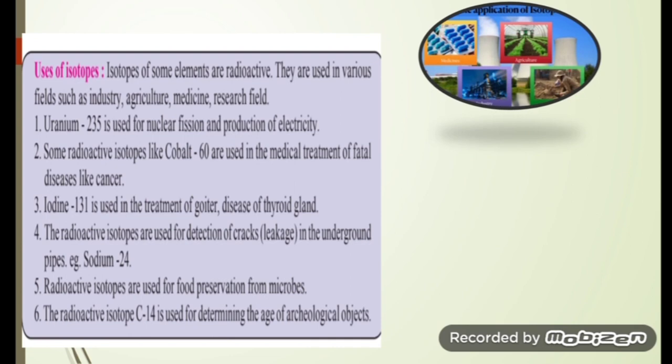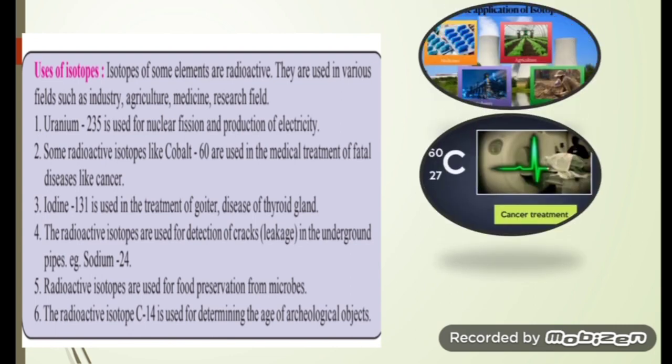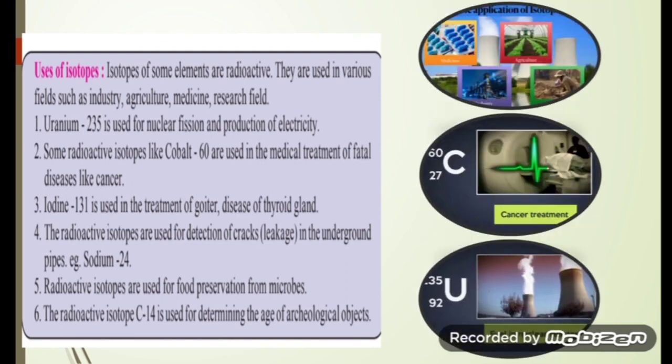Uranium-235 is used for nuclear fission and production of electricity. Some radioisotopes like cobalt-60 are used in the medical treatment of fatal diseases like cancer. Also, iodine-131 is used in the treatment of goiter.